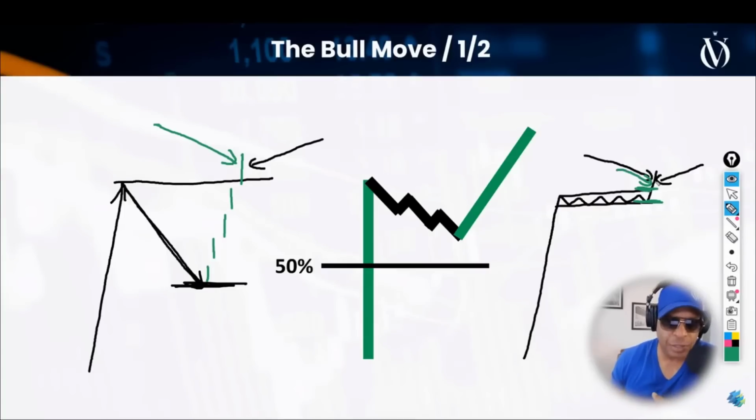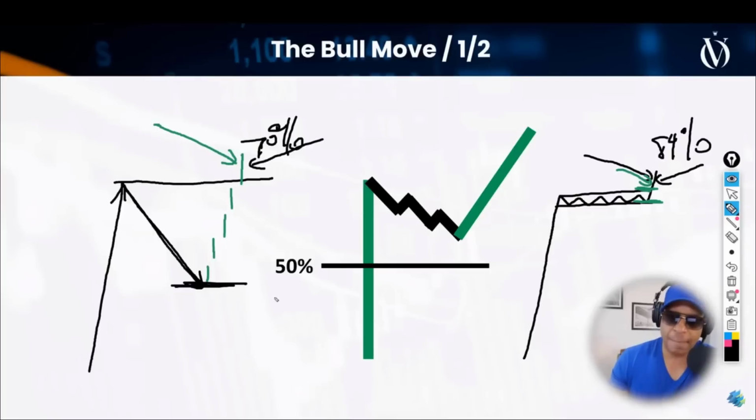Not so much energy has been expended to get to the breakout point. And so this follow-through rate is higher than this follow-through rate because of that reason. Both are great.